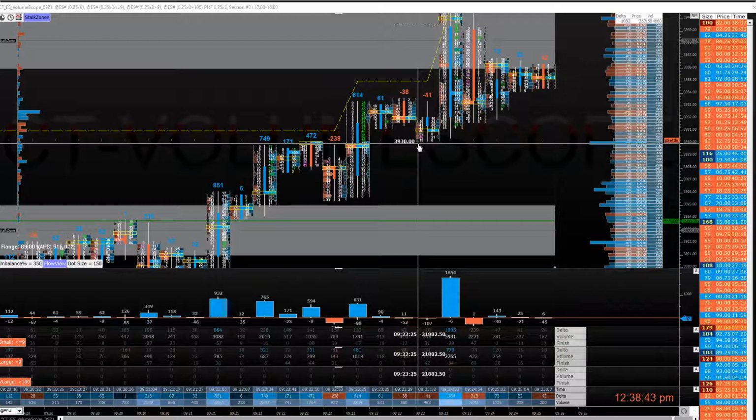How much time are you spending staring at the footprint versus the DOM and your foot PNF chart and so on? How are you scanning for these? Because these happen very quickly these days. I think it's really important to not be looking at this if you're not scalping, right?